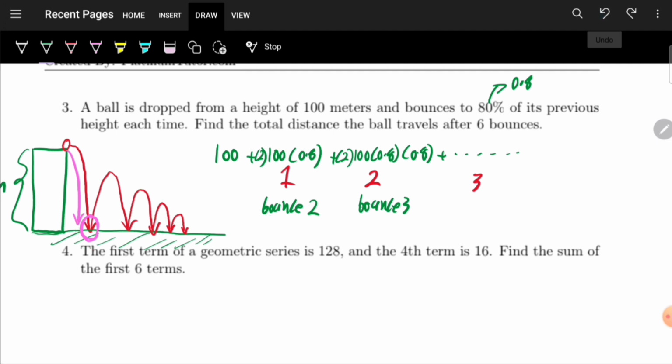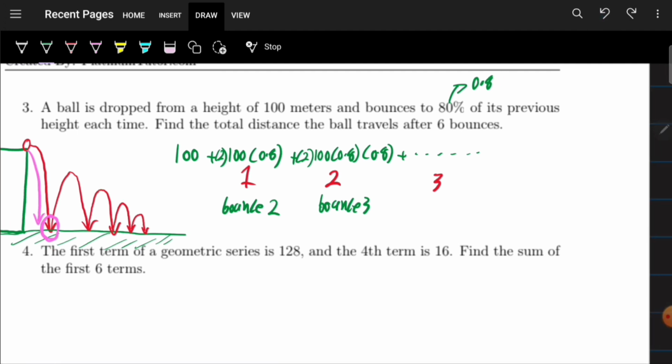So if I want to know what happens after 6 bounces, I have to find the sum of this guy up to one term before term 6, right? We're going to notice that the term number is always 1 behind the bounce number.